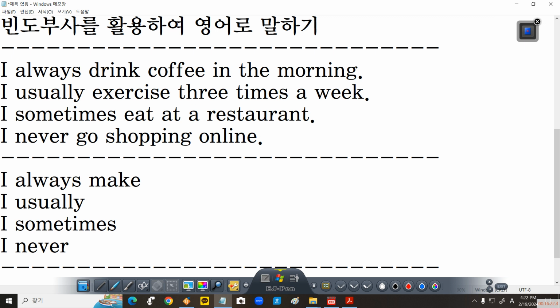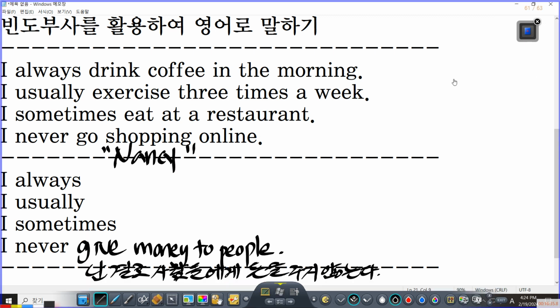I always make my bed. 저는 숙제 따위는 절대 안 해요. I never do my homework. 아무 말 대잔치 해도 된다는 말이에요. 꼭 내 경우와 똑같이 안 해도 되는 거죠?